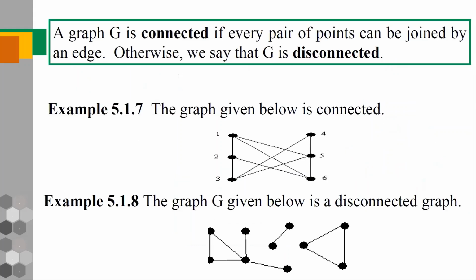Okay, so a graph G is connected if every pair of points can be joined by an edge. Otherwise, we say G is disconnected.